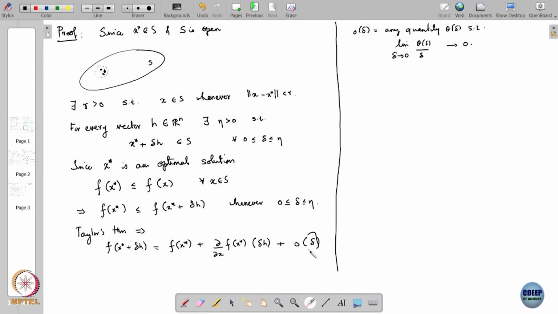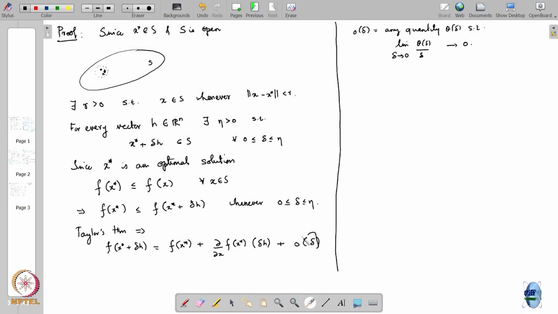You can have a quantity theta of delta that goes to 0, but then theta of delta divided by delta may not go to 0. But in this case, theta of delta itself goes to 0, and upon dividing by delta also it is going to 0. That is the significance of this.